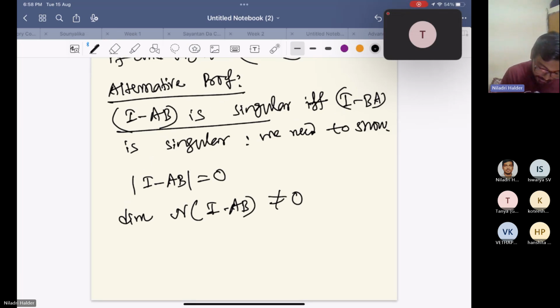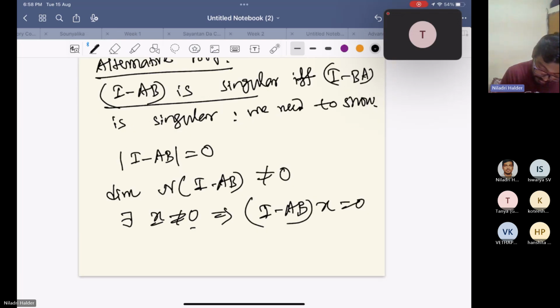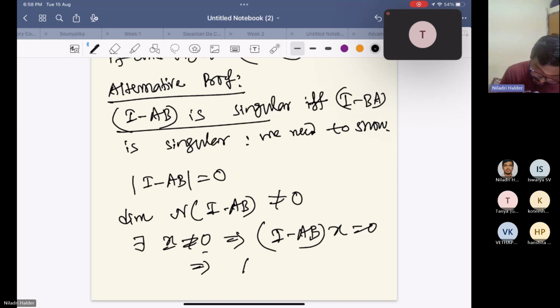So there exists some non-zero vector x, not equal to 0, such that I minus AB times x will be 0. That means ABx will be the same as x.